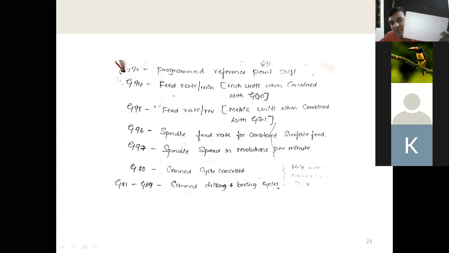Next, G94 stands for feed rate per minute. That is used when you work in inches with G20, not G70 here. G95 is feed rate per revolution, used for metric units with G21. For example, for milling and drilling operations we generally use G94, meaning how much metal is removed per minute.